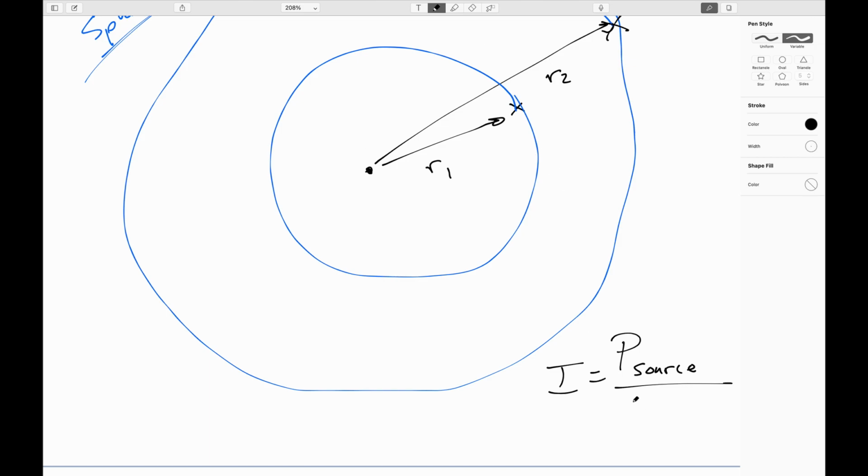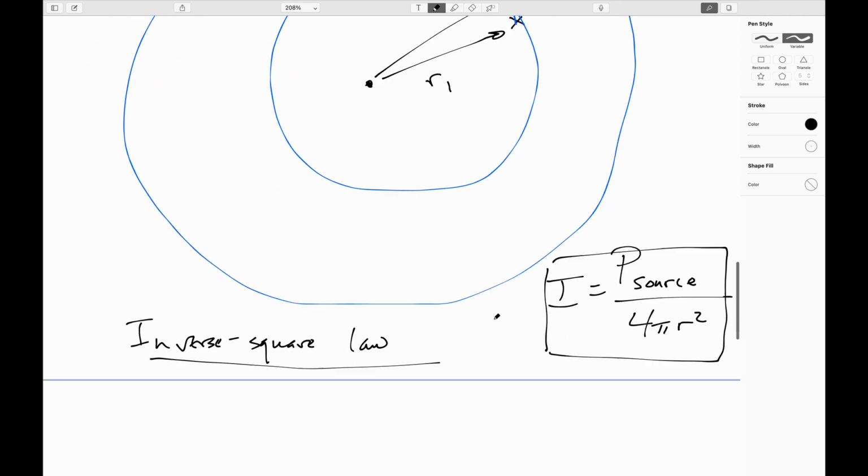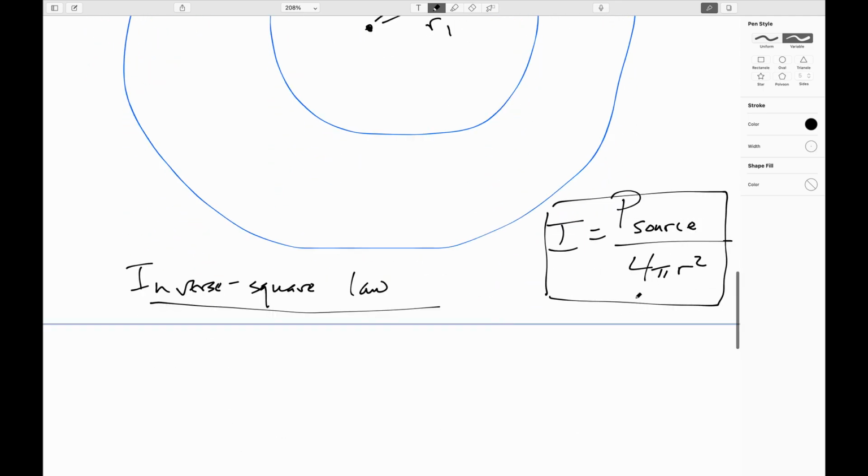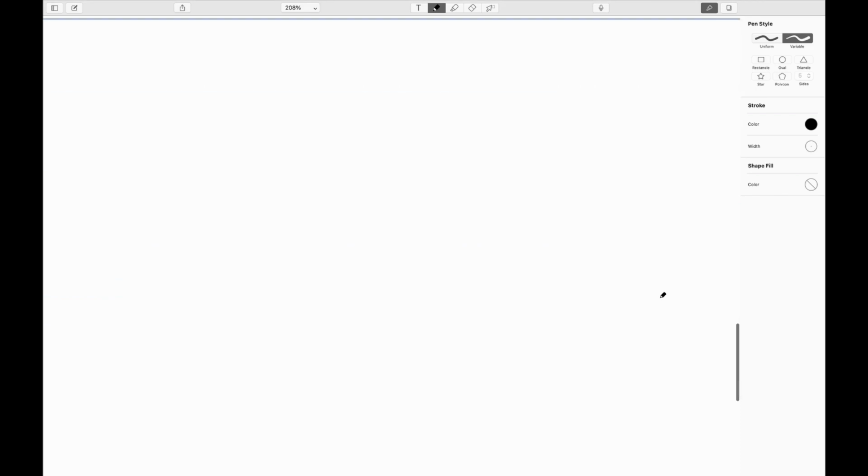The surface area of a sphere is 4 pi r squared. This gets called the inverse square law. So what it says is that if I double the distance, the intensity drops not by a factor of 2, but by a factor of 4.